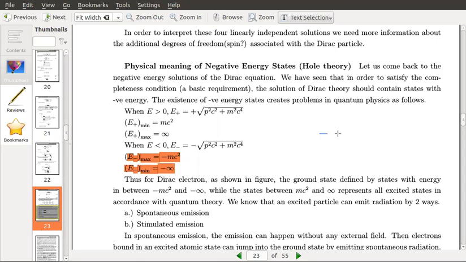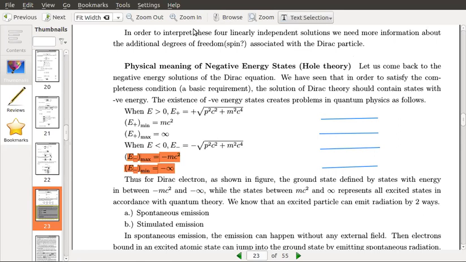This is E plus minimum, and this is E plus maximum. That is infinity actually. Okay. Now this is E minus maximum, and this is E minus minimum.